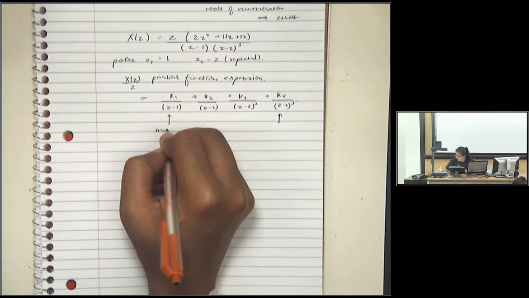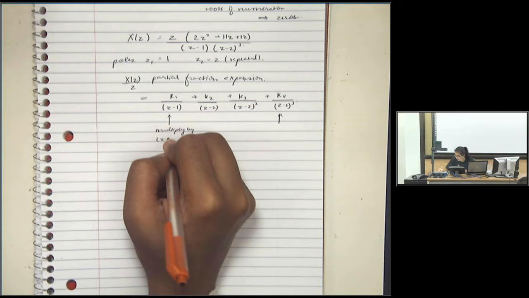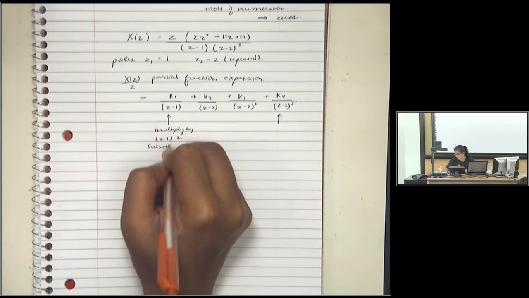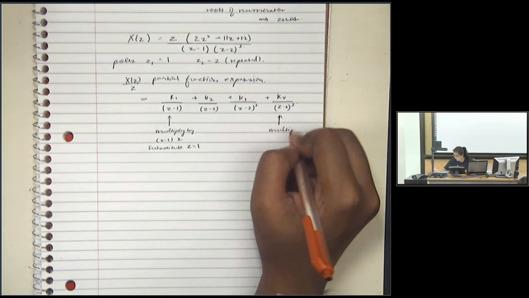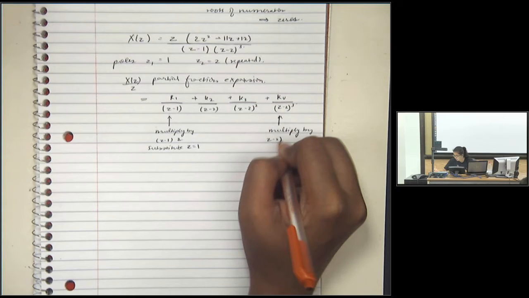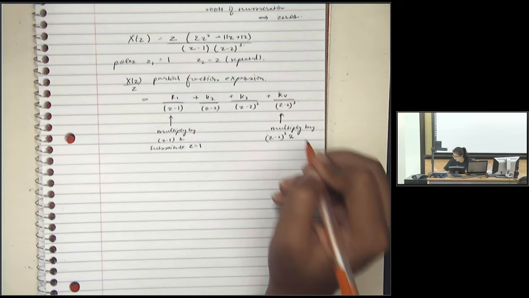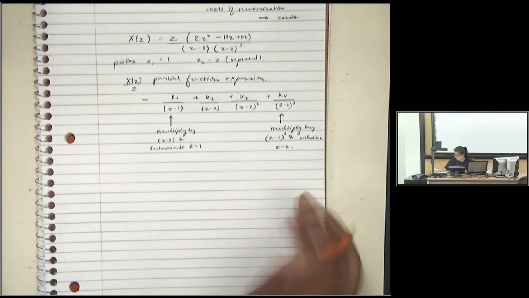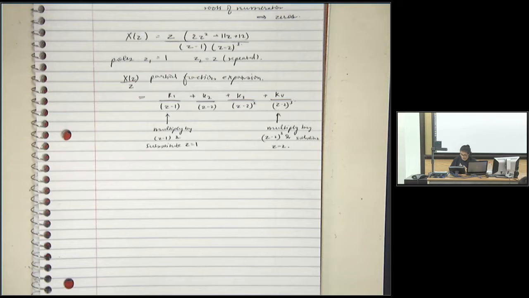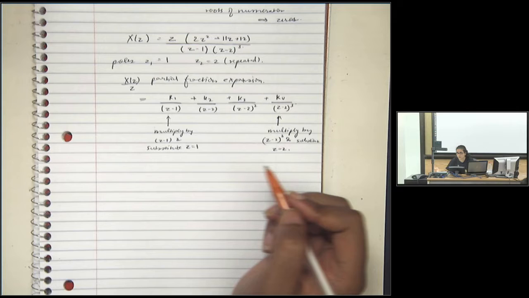So in this case, multiply by z minus 1 and substitute z equals 1, and in this case multiply by z minus 2 cubed and substitute z equals 2. Okay, the standard format.